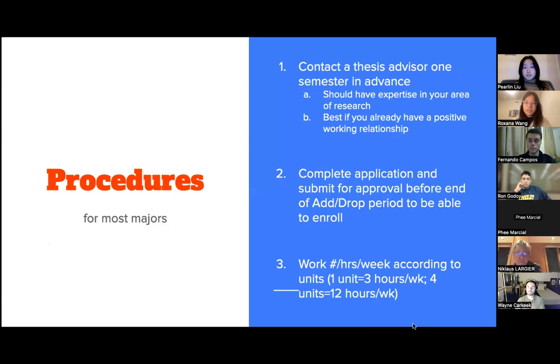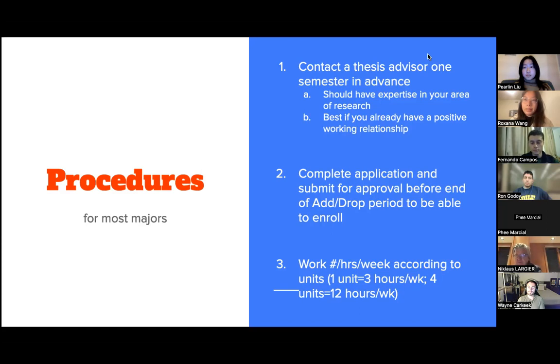As for the procedures, first, you need to have a thesis advisor 1 semester in advance. This advisor should be someone who has expertise in your area of research. And it will be nice if you have already taken a class with them, or if you already have a working relationship with them. Secondly, you need to complete the application and submit it for approval before the end of the add drop deadline of the semester in which you intend to conduct the research.